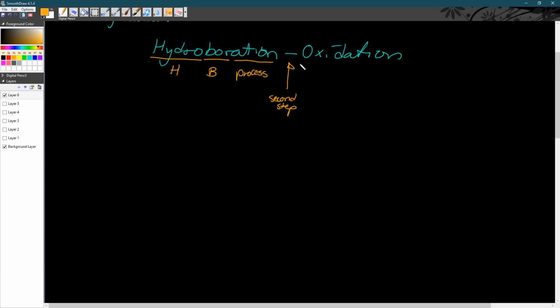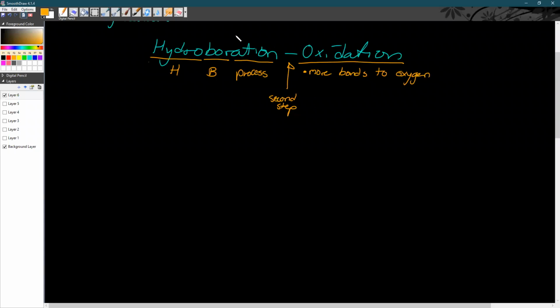Okay. Oxidation can be described in two ways. Actually, well, the best way is to describe it like this: we're saying there's more bonds to oxygen. All right, more bonds to oxygen.